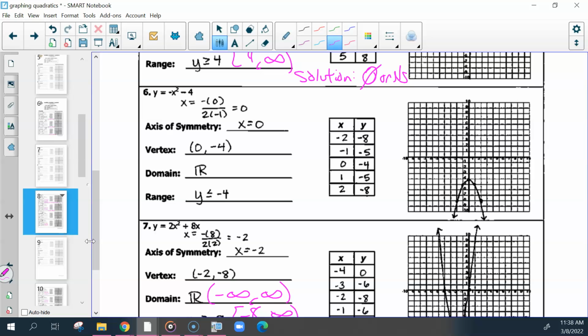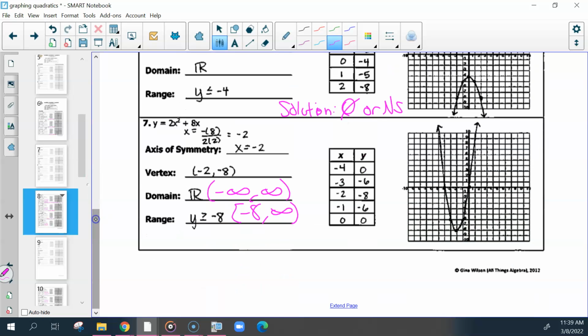No, so that solution would be what? No solution again. Number 7, does that cross the x-axis? How many times? Twice. So it's going to have 2 solutions.